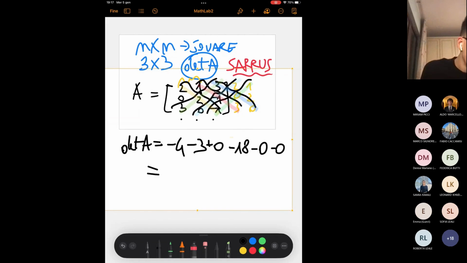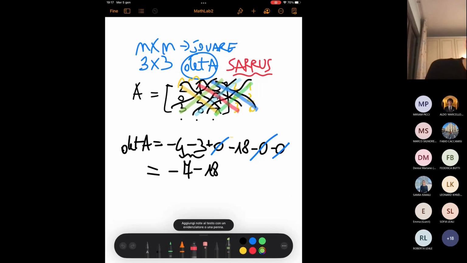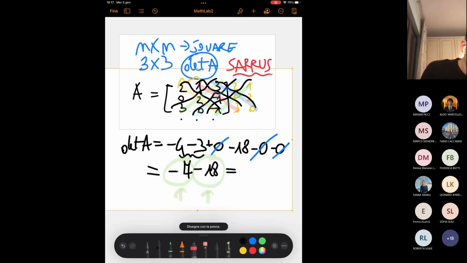So we have a 0 here, a 0 here, a 0 here, and we do -7 and -18, if we group this one and this one. This is the first direction, and this is the second. We add up, and we obtain -25.